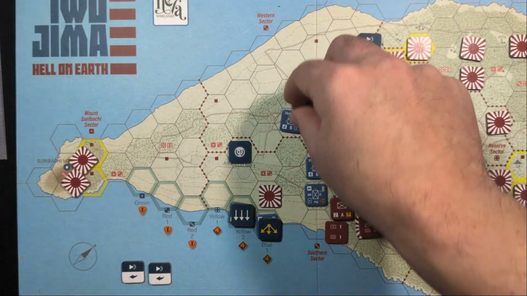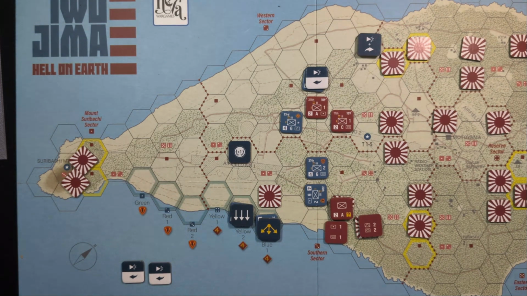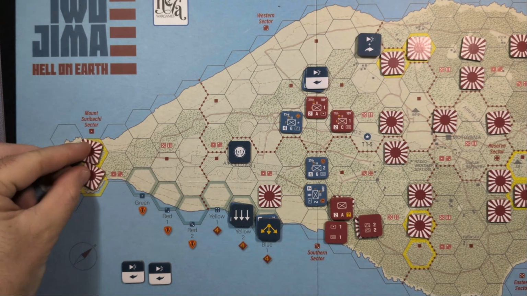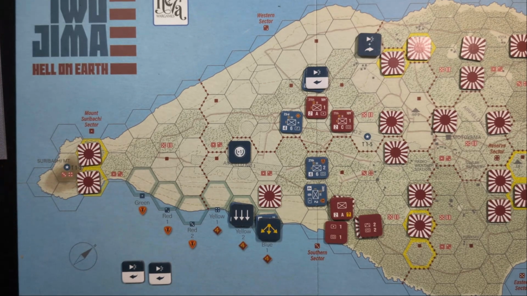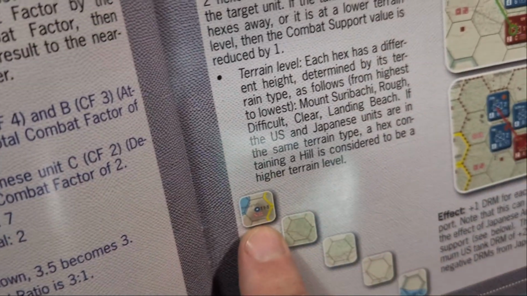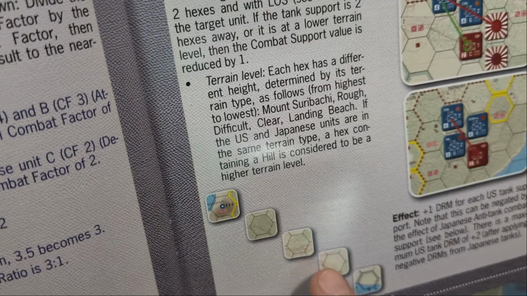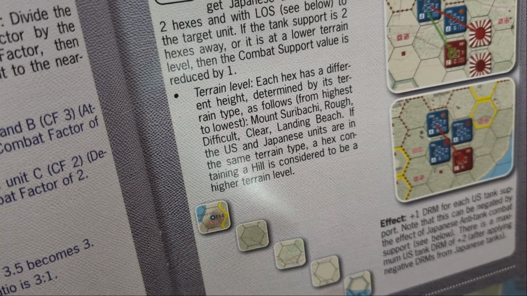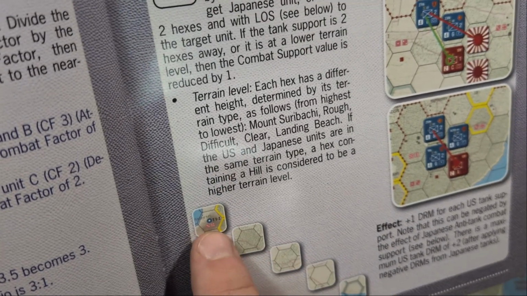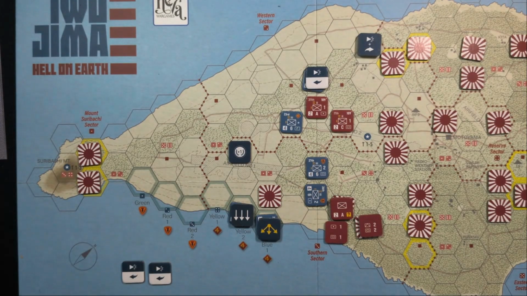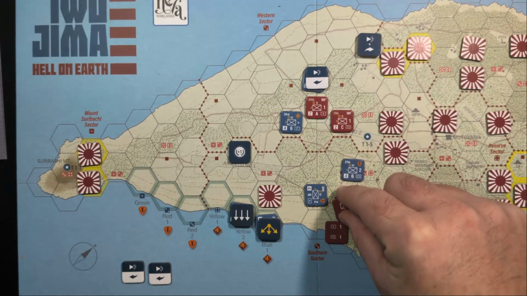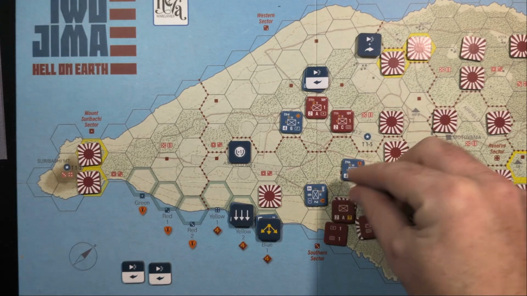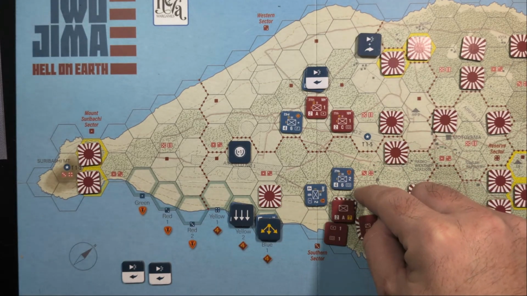And there is something important with the terrain level. In the game, you have different levels. The highest level is Monsuribashi, Raw, Difficult, Clear, and Beach, so this is the lowest, and this is the highest. If the enemy target is in the same type of terrain, you can use the same value.